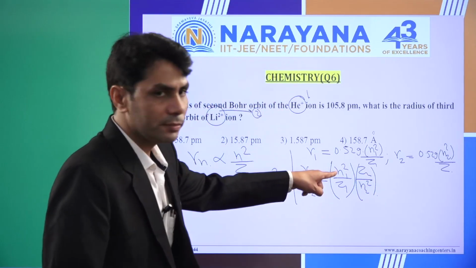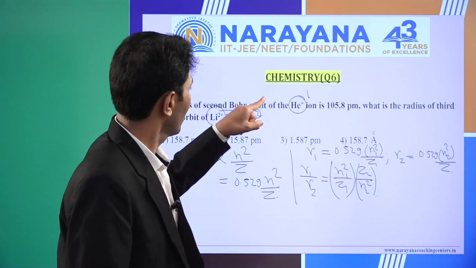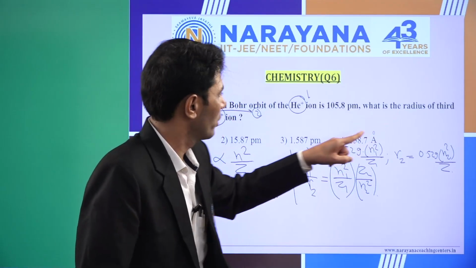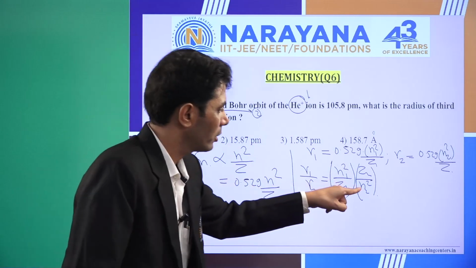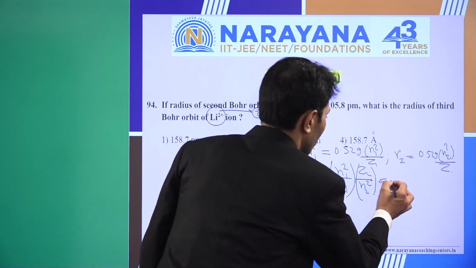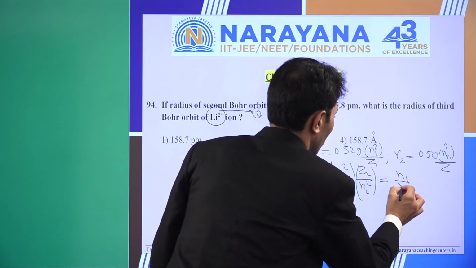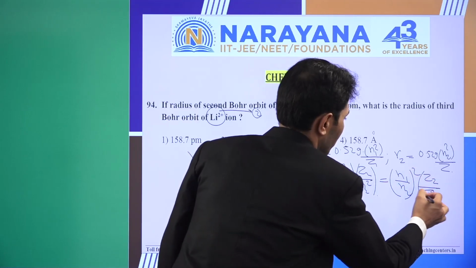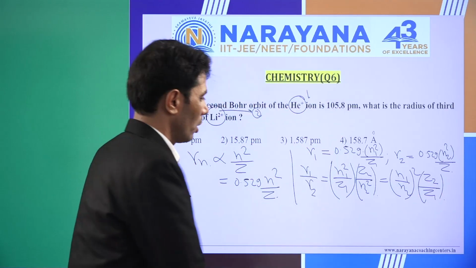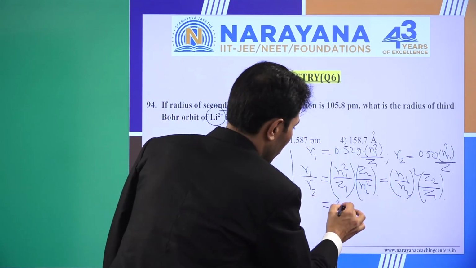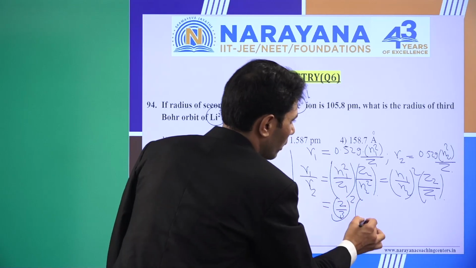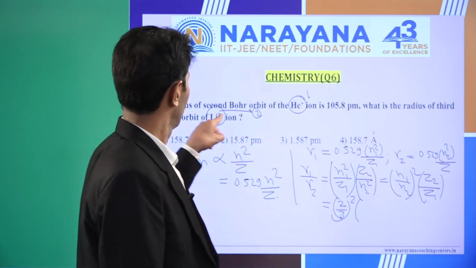What is n1? n1 is the second Bohr's orbit, so it is 2, and n2 is the third Bohr orbit, so this value is 3. So n1 by n2 square into Z2 by Z1. That is 2 by 3 square into, what is the atomic number of lithium?